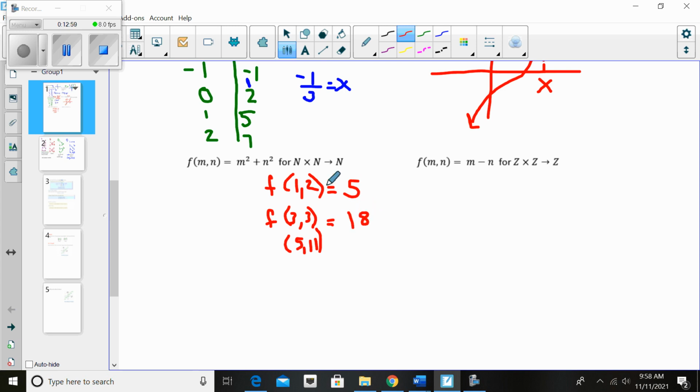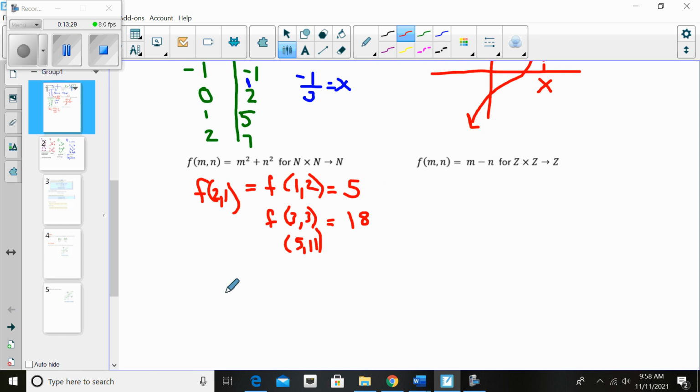So would there be a different input that could also give me 5? I hope it doesn't take you too long to realize that if I just swapped them, this would be a different ordered pair, but I would get the same output. So it's not 1-to-1.